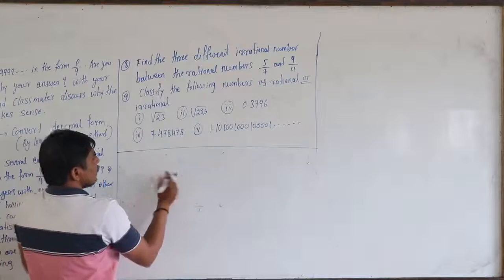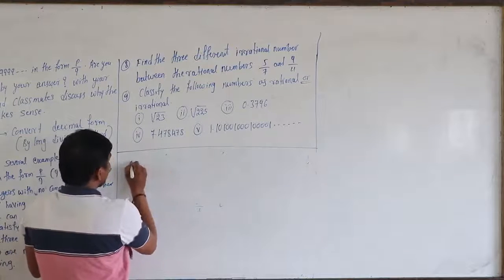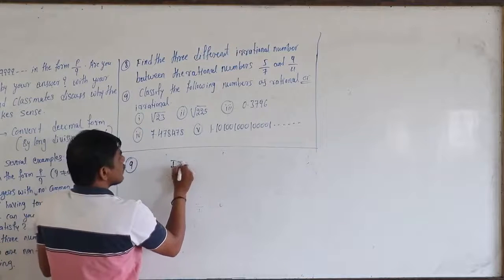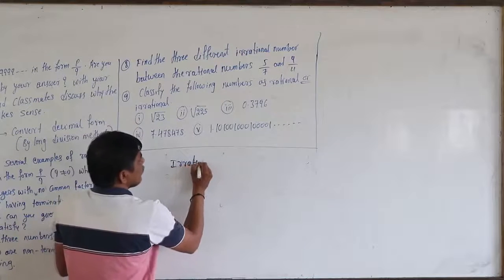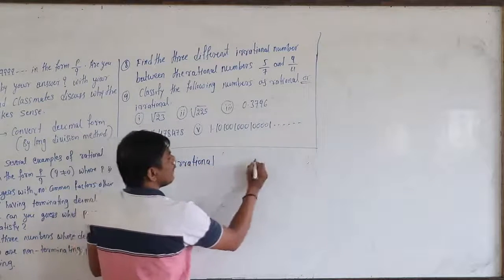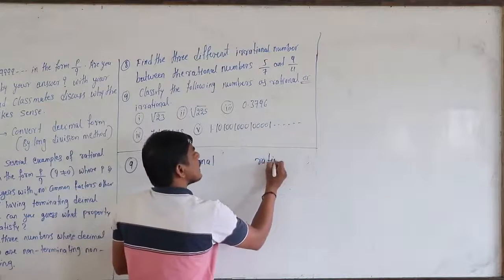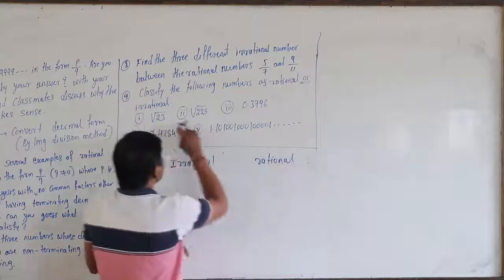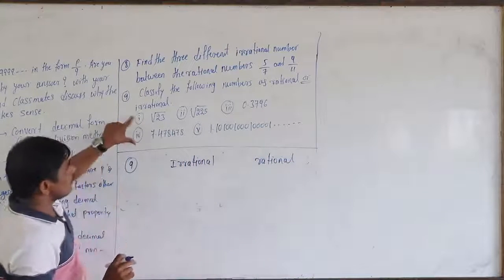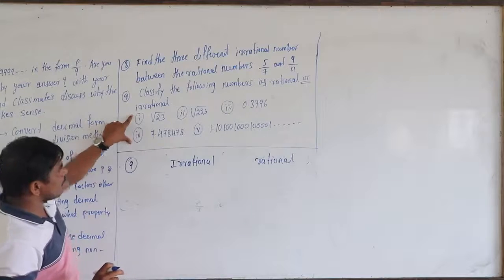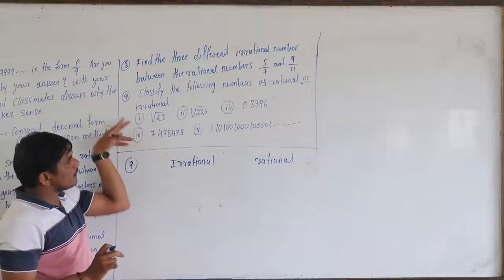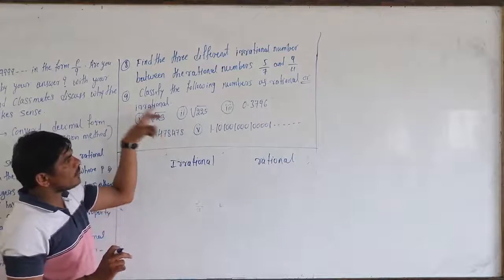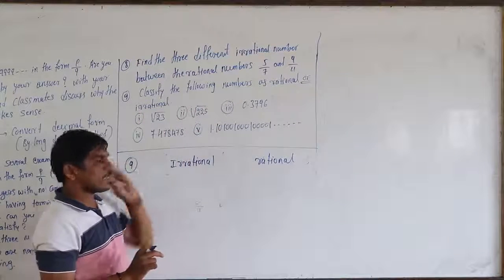Now you take two columns. One is irrational, and another one is rational. According to the given problem, totally 5 numbers are there. In these 5, you have to identify which are rational and which are irrational.